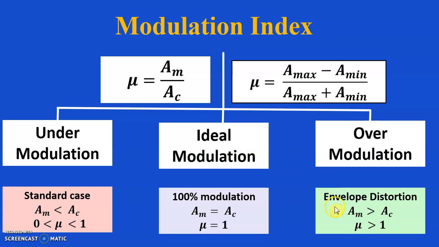And if AM, the amplitude of the message signal or the modulating signal, is greater than the amplitude of the carrier signal, in this case mu will be greater than 1. So let us examine each case for the modulation index.